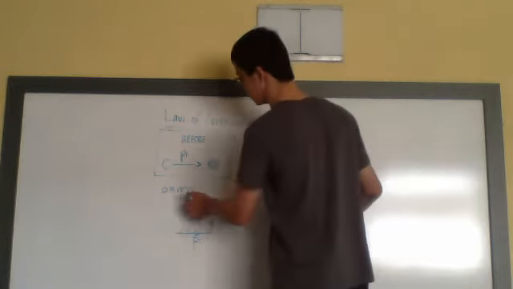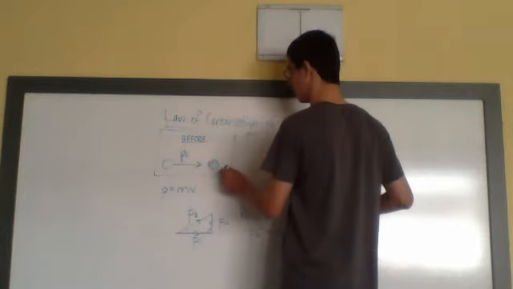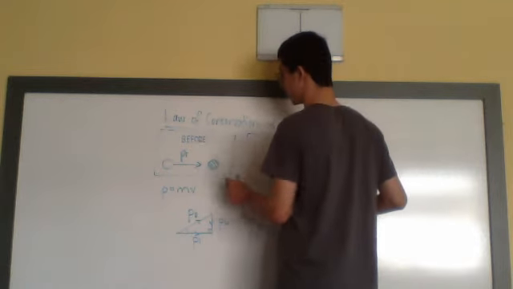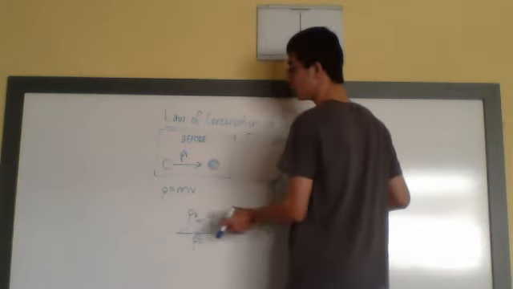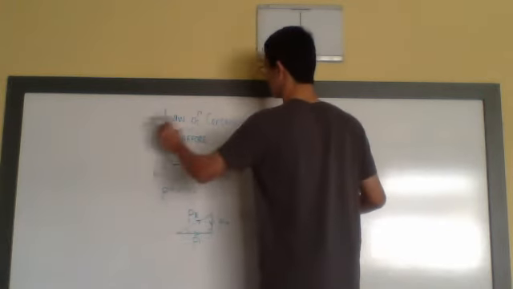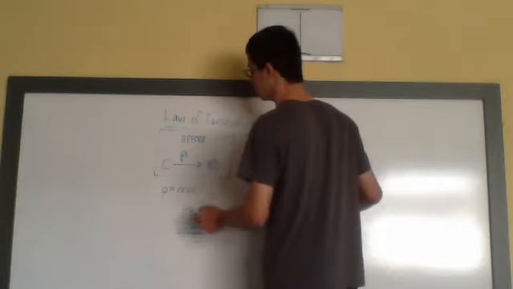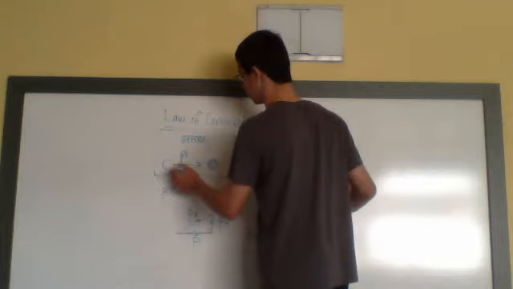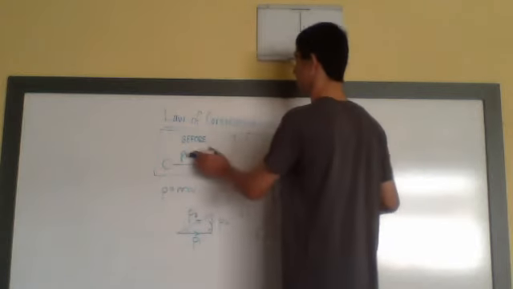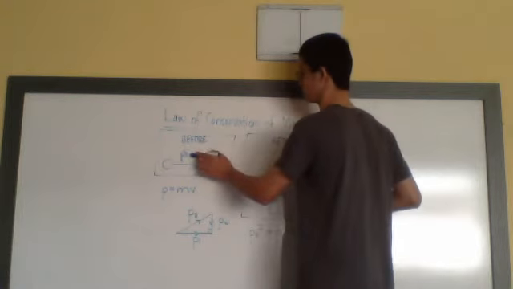Since p equals mv, the momentum of the black ball is 0 because its velocity is 0. So the total momentum of this system before collision is equal to the momentum of the white ball. Here we've labeled it initial momentum, pi.